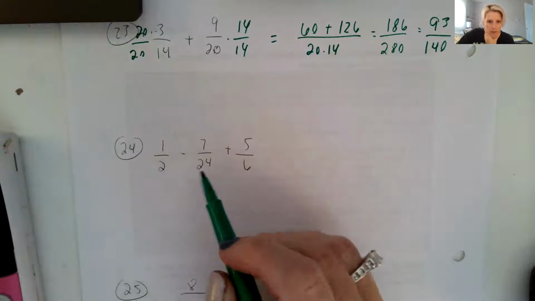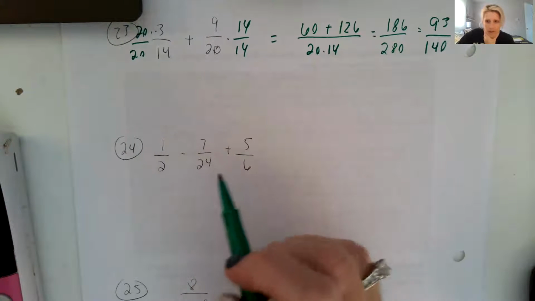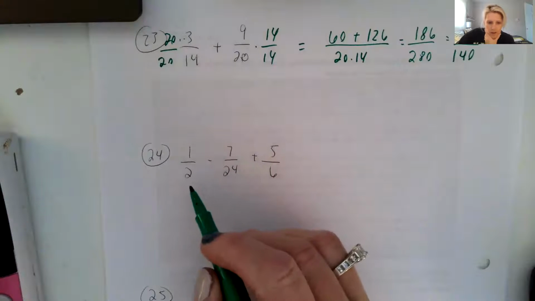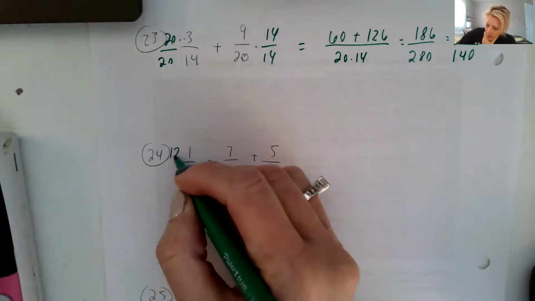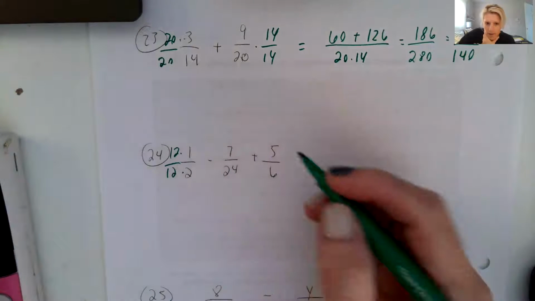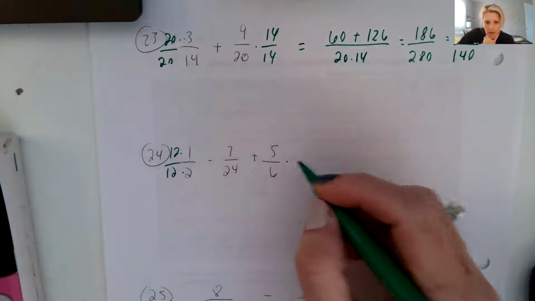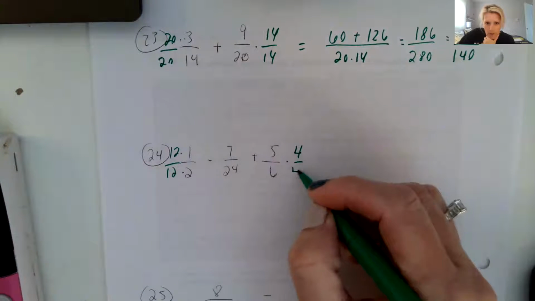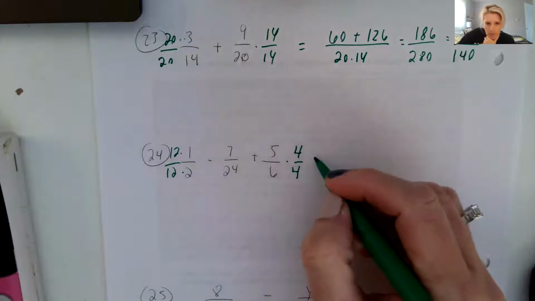So on 24, the 2, 24, and 6 can all be a multiple of 24. So the 2 needs to multiply by a 12 over 12 to get to 24. The second fraction has a 24 as its denominator. And the third fraction needs to multiply by a 4 over 4 to get to 24.